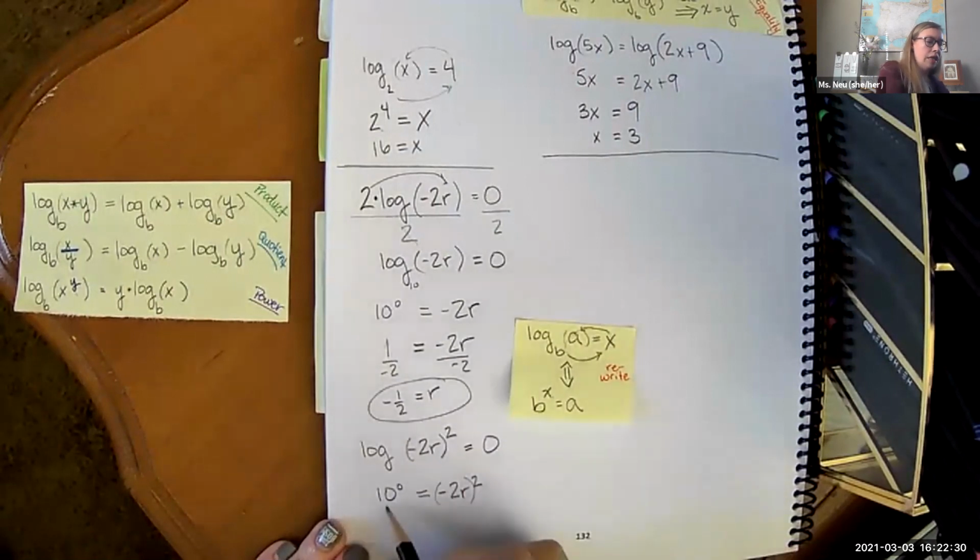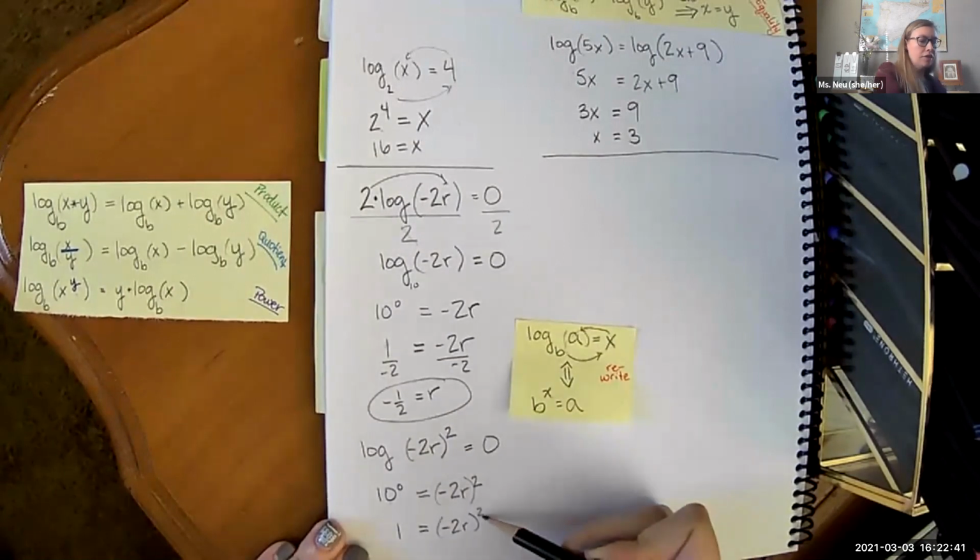So now, anything to the power of 0, right? Now, I could have done negative 2 squared and then r squared, but I'm still going to have to solve for that r squared in the end. So I figured I'd leave it here and just get rid of it now.